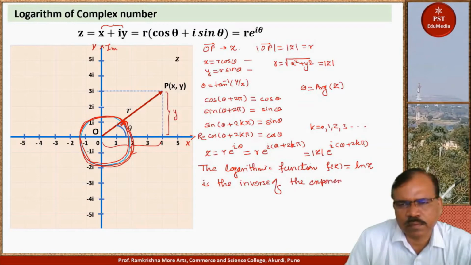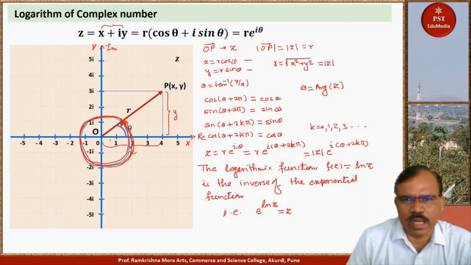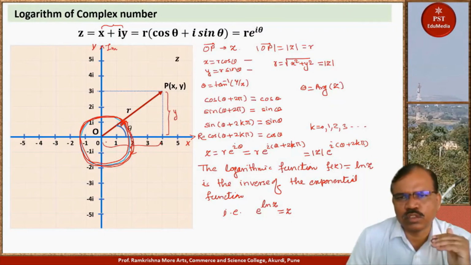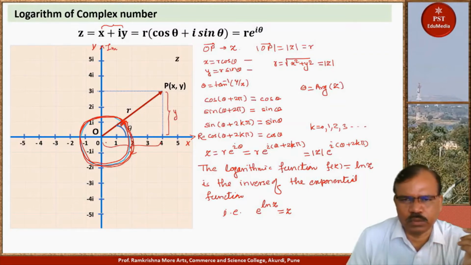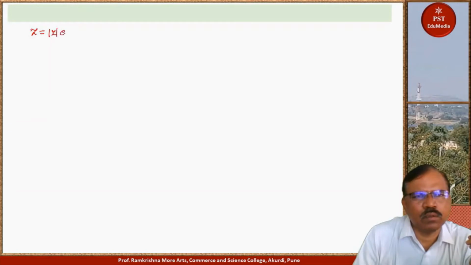Means what is meaning of this? Means that we can write e raised to log z is equal to z. So we have here z is equal to r e raised to i theta, or z is equal to modulus of z into e raised to i theta.